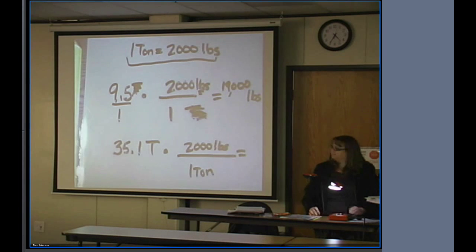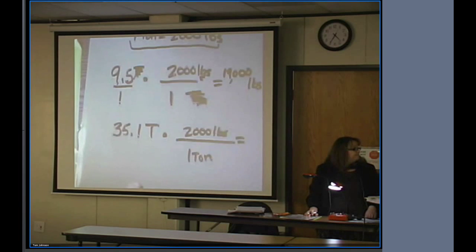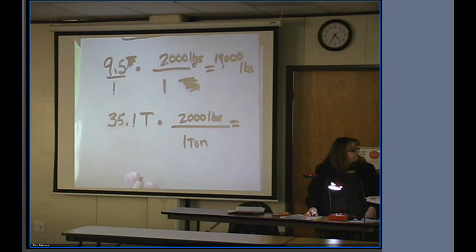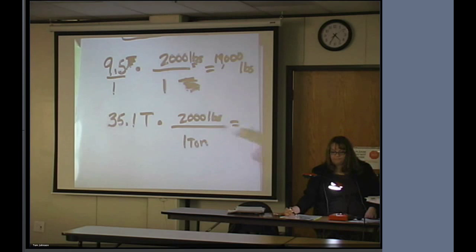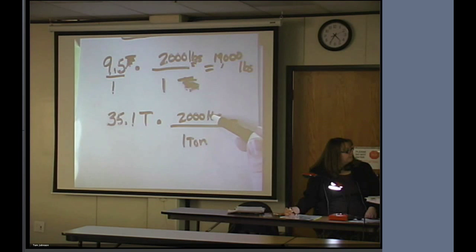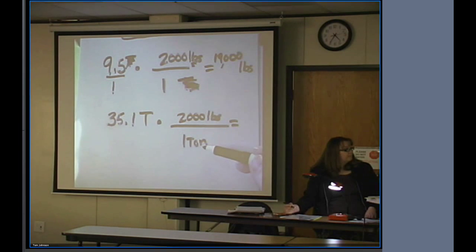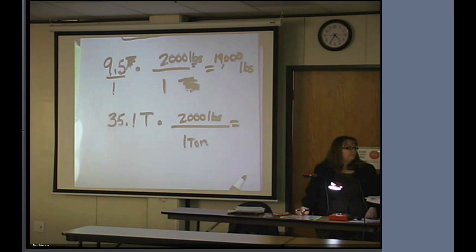So just really quickly, when we write that out, that 2,000 pounds over 1 ton, what are we truly multiplying this by? It's the same thing, right? It's this divided by itself, really, because 2,000 pounds is 1 ton. So we're multiplying by 1. We're not changing the value of this. What we're doing is just changing the units.